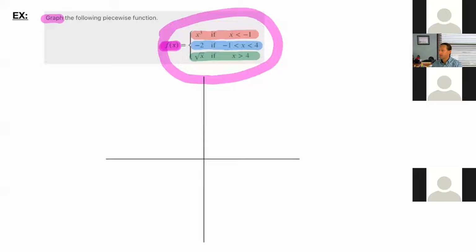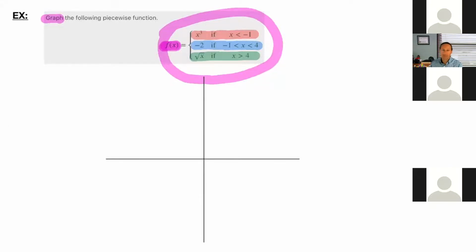So what I'd like you guys all to do very quickly is try to graph this, what is called a piecewise function. Right? So I'm going to stop it for just a couple seconds here and give you guys an opportunity to try to graph this. Go ahead and start. All right.